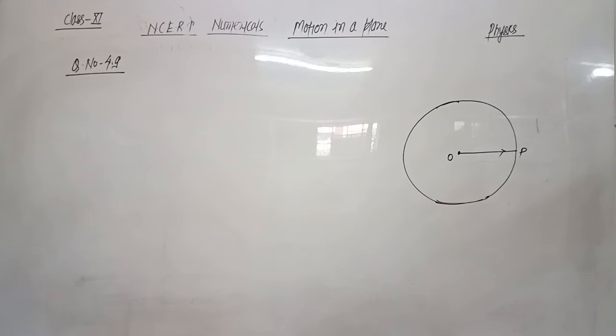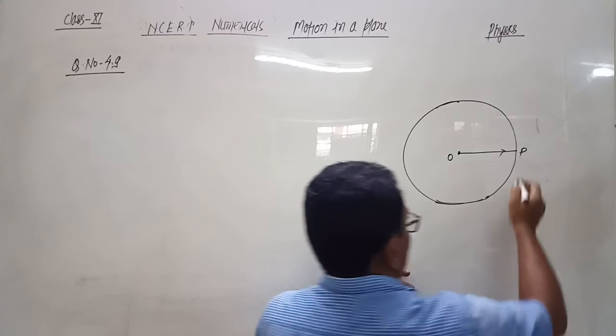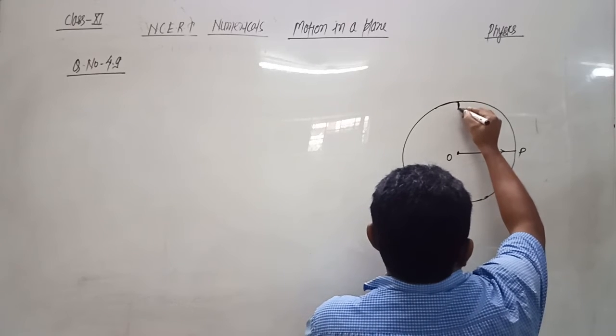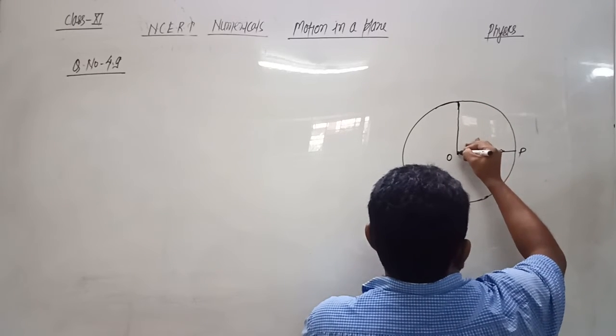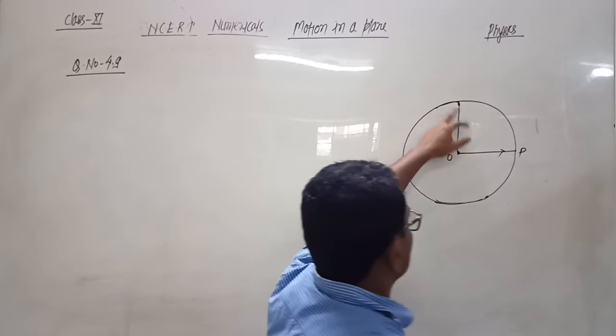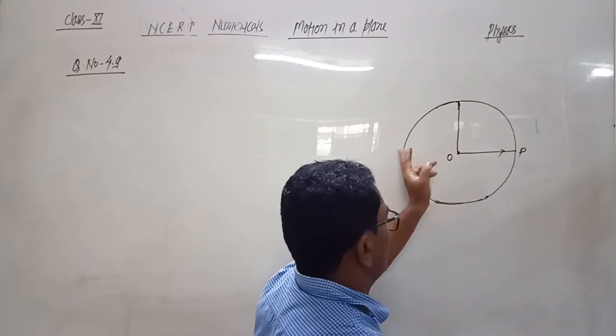The radius is 1 kilometer, and after that he cycles along 1/4 of the circumference, from P to Q. He covers the 1/4 part of the total circumference, so the total circumference is divided into 4 parts.